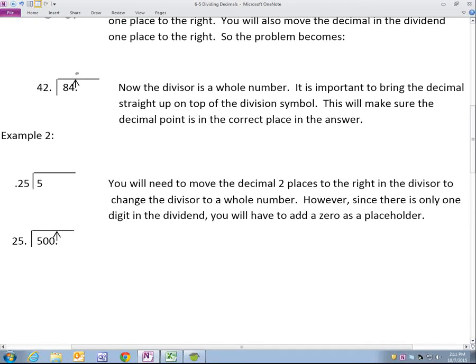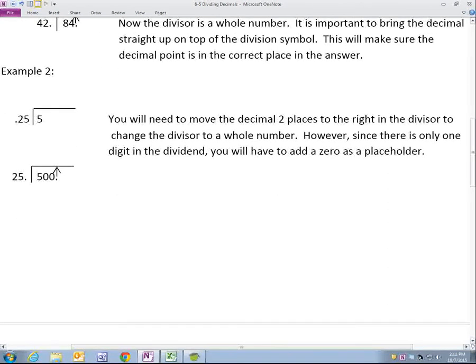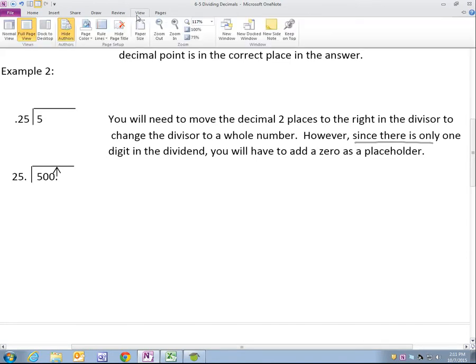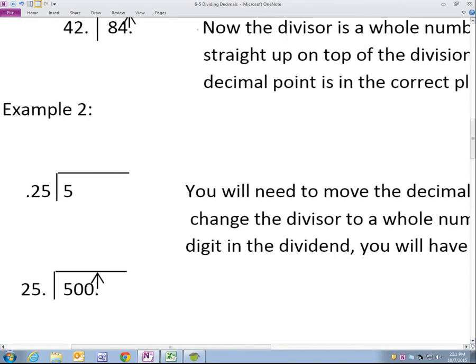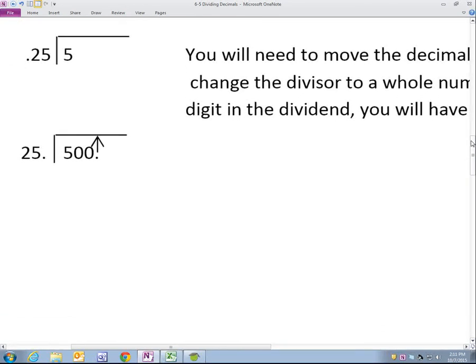So example 2. You will need to move the decimal 2 places to the right because there are 2 decimal places in the divisor. You're going to change the divisor to a whole number. However, since there is only 1 digit in the dividend, you will have to add zeros as a placeholder. So here's what's happening. We would need to move this guy 2 over.